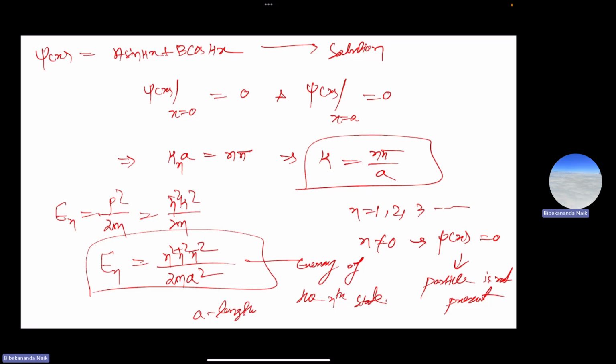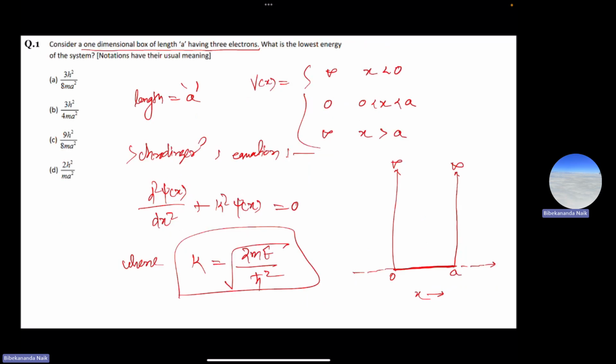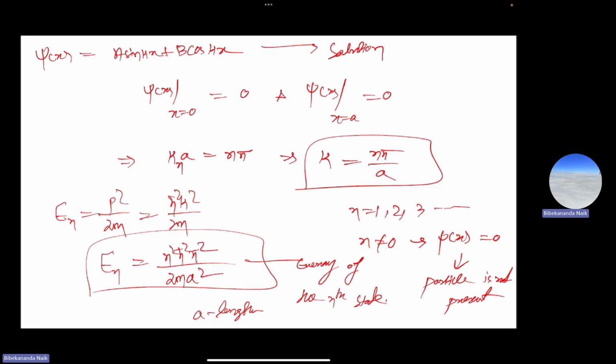So now the question says, consider a one-dimensional box of length a having 3 electrons. What is the lowest energy of the system? So the lowest energy will be the ground state energy of the system. Since we want to find the ground state energy, the value of n will be the lowest value.